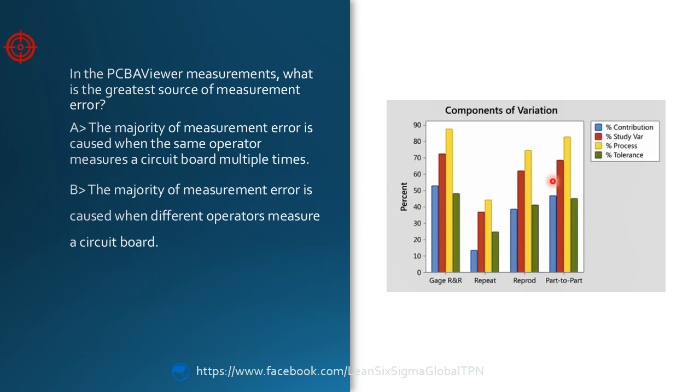According to the graph, reproducibility is the largest source of measurement error. Remember that reproducibility is the variation observed when the same circuit board is measured by different operators. Different operators measure the same circuit board component differently. We'll learn more about the reproducibility variation later in the chapter.